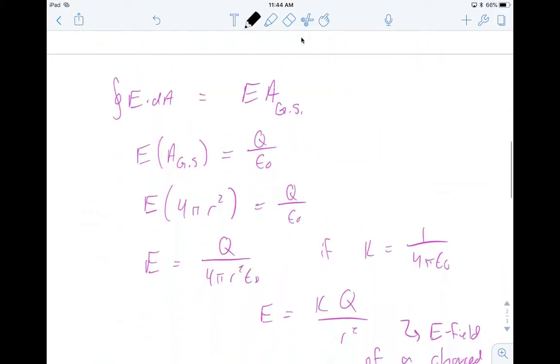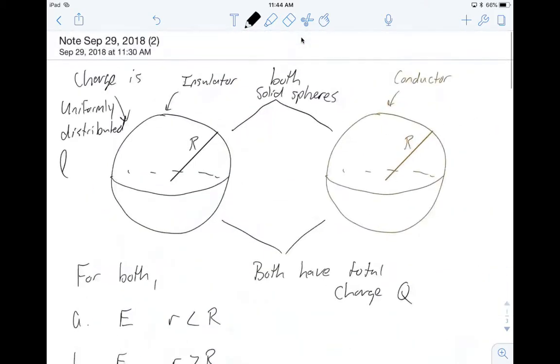Okay, so let's go ahead and copy this sphere down, and we're going to do the same stuff that we did for the conductor, but for this insulated sphere.